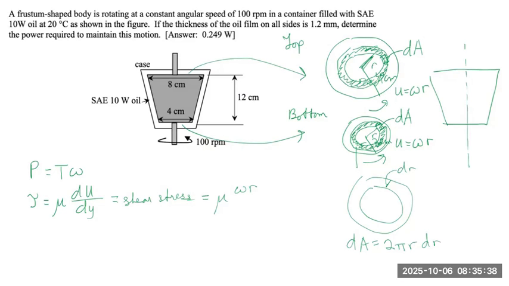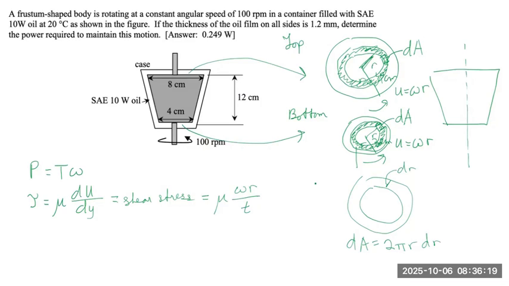So we now have to come up with the bottom for what is dy. Basically, the case is stationary and the tangential speed of the differential area on the object top is omega r.